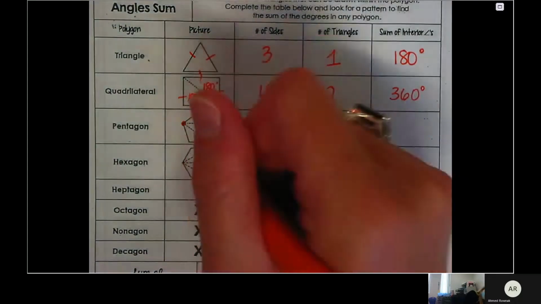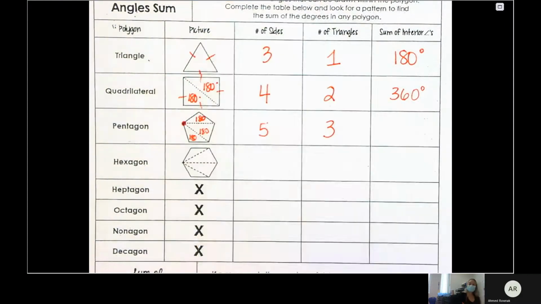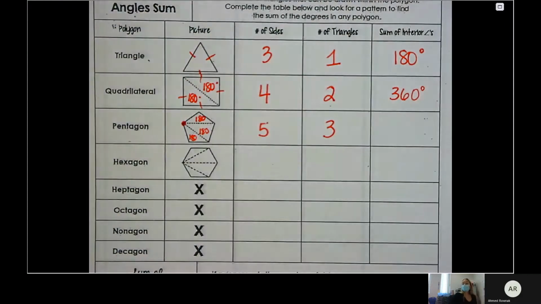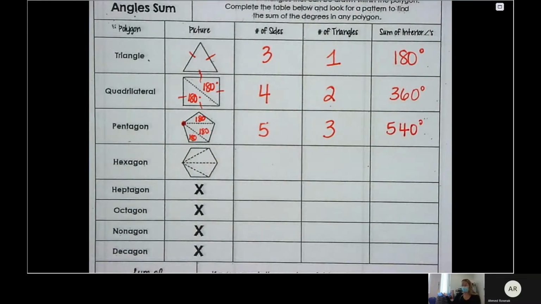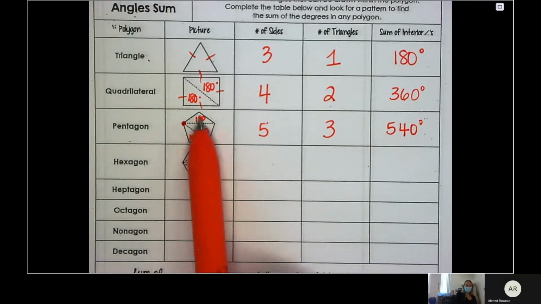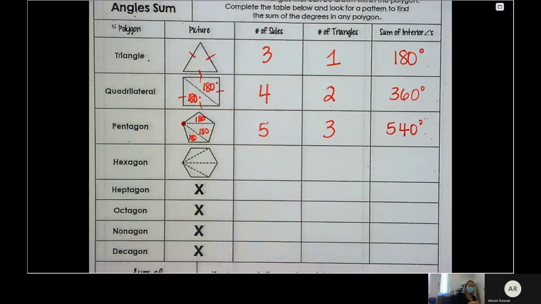If this triangle is 180, this triangle is 180, and this triangle is 180, in total, how many degrees are in this pentagon? How'd you get that? Yeah, you could either say I can add 180 3 times, or you can just add 180 to this number right here, right?